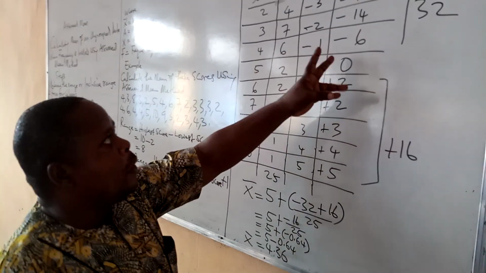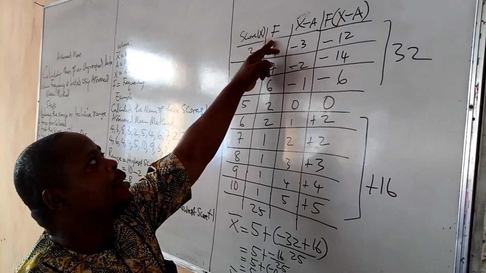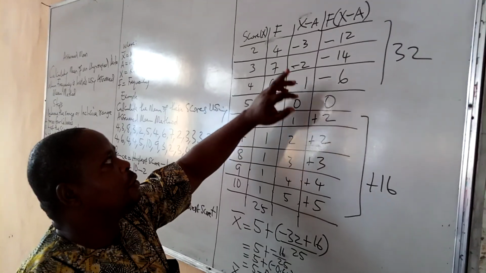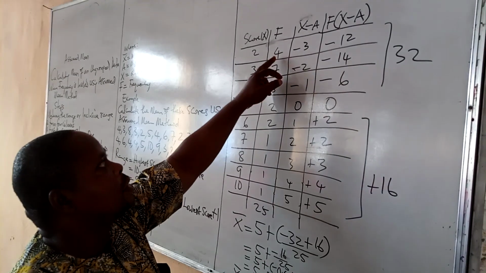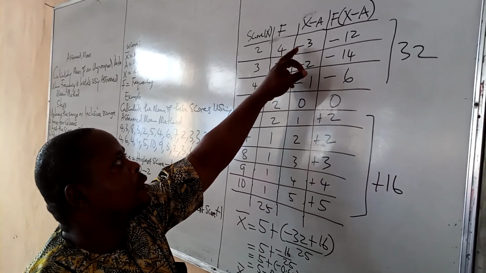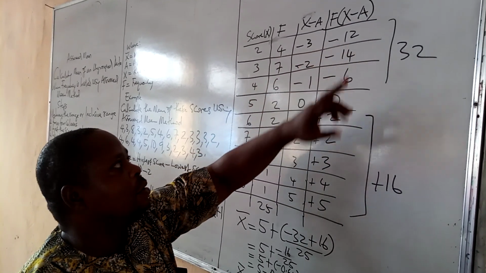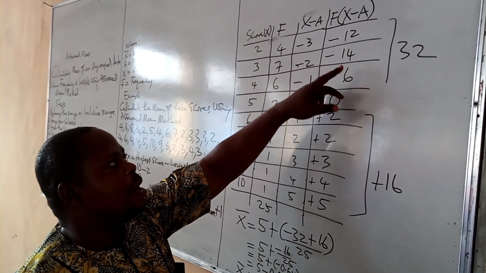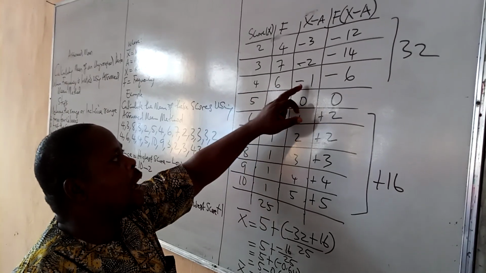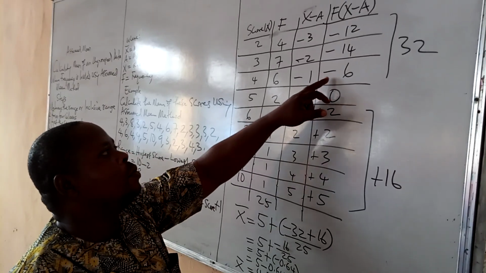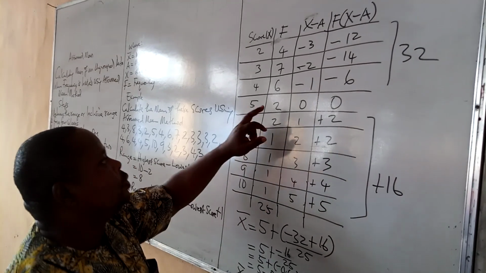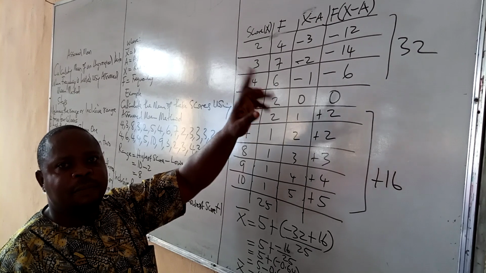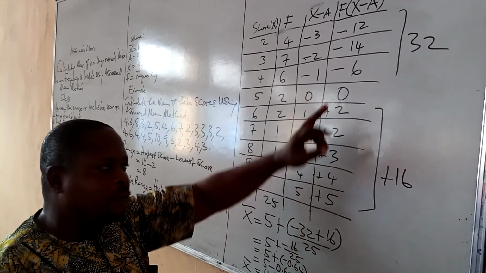In column 4, you now multiply frequency and the deviation scores. For instance, 4 multiplied by minus 3 gives minus 12. 7 multiplied by minus 2 gives minus 14. 6 multiplied by minus 1 gives minus 6. 2 multiplied by 0, of course you know that any figure multiplied by 0 is automatically 0.